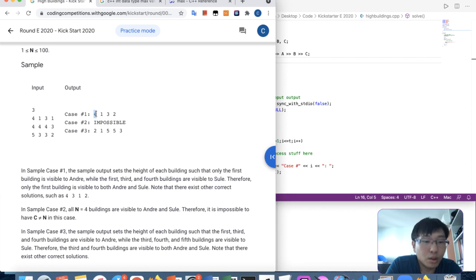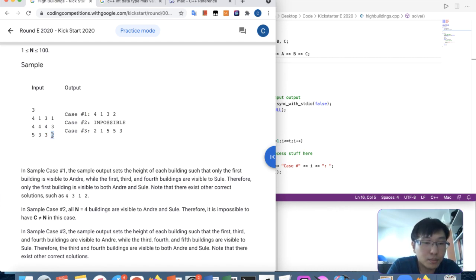Case two, all n equals 4 buildings are visible to Andre and Sue. Impossible to have C not equal to N. If this one and this one are the same, that is not possible. For this case 5 3 3 2, he sees 3, and then this one is only 2.